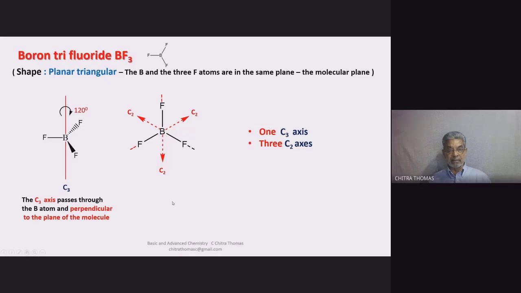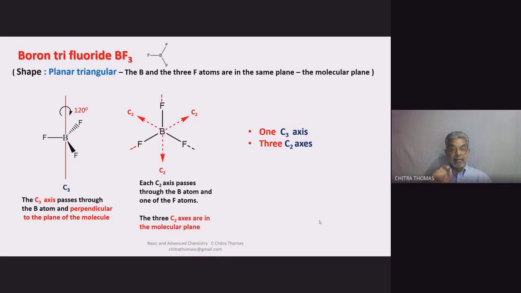Each C2 axis passes through the boron atom and one of the fluorine atoms. This is how you explain it in words. And what about these? Are they in the plane or perpendicular to the plane? They are in the plane. The three C2 axes are in the molecular plane.